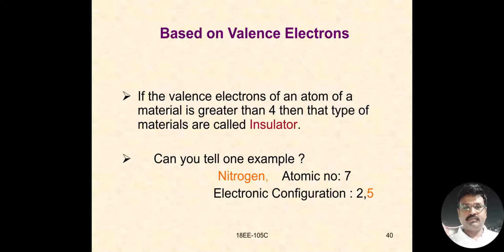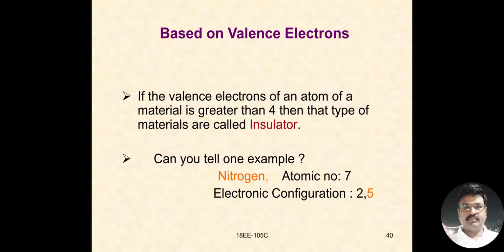Now let us take one example, nitrogen. Atomic number is 7. Its electronic configuration is 2, 5, where 5 is the number of electrons in the outermost orbit, means valence electrons.